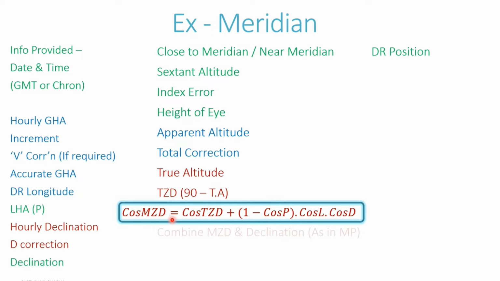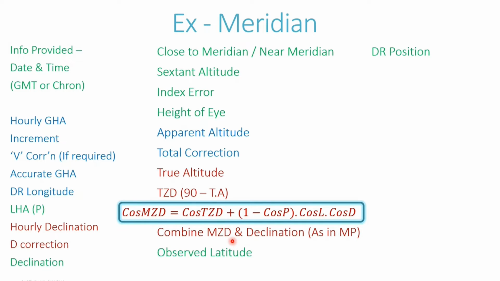Now, once you get the MZD, you can combine the MZD and the declination exactly in the same way as we did in a Mer Pass observation, latitude by meridian altitude observation. And once you combine them, we obtain the observed latitude. Now the combining was by giving a name to the MZD.